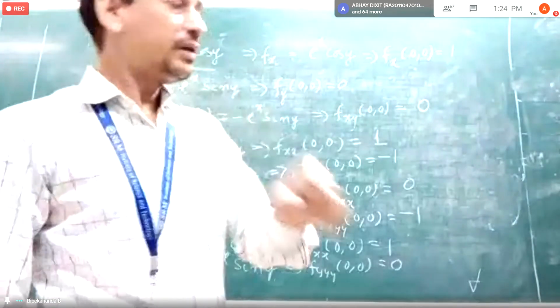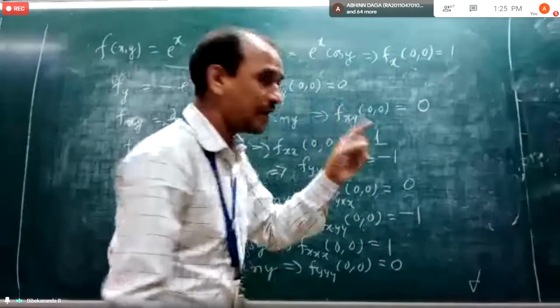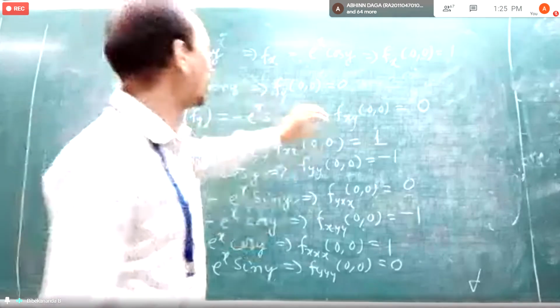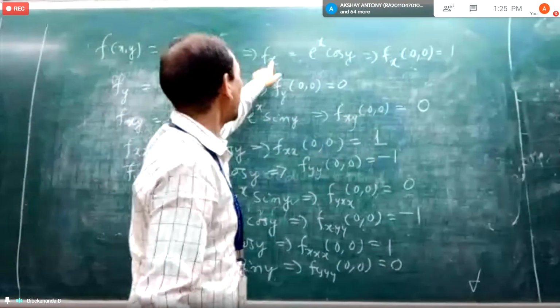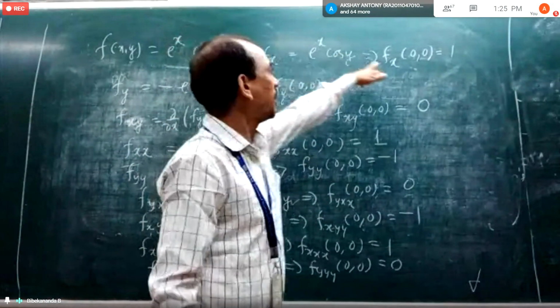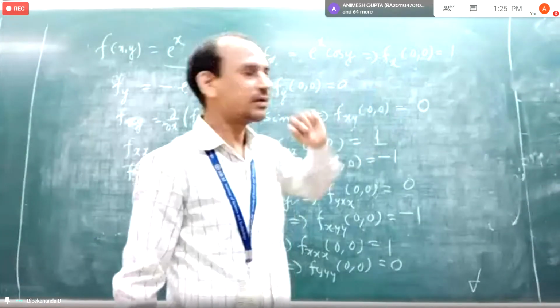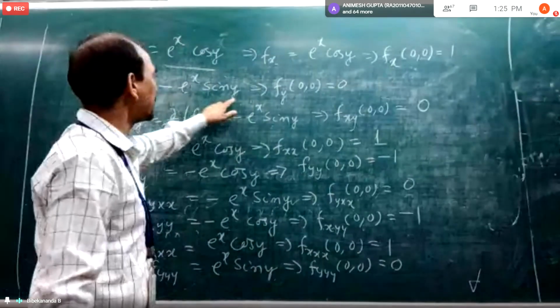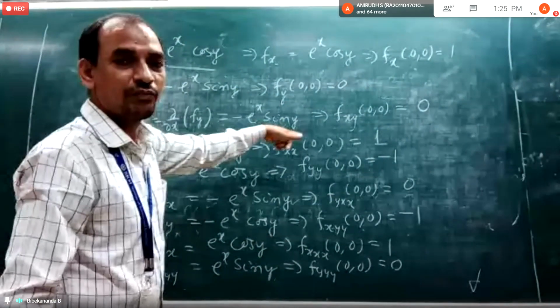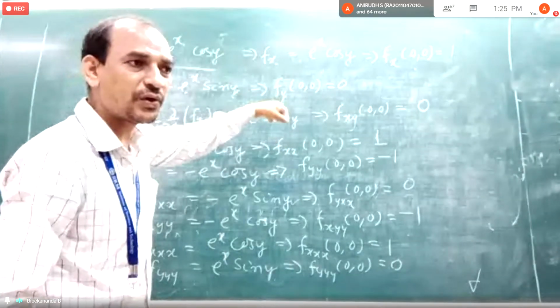Remember, each one of them carries 1 mark. You find the differentiation and find the value of the differentiation at that point, 1 mark. Find the second order differentiation and its value at that point, 1 mark.